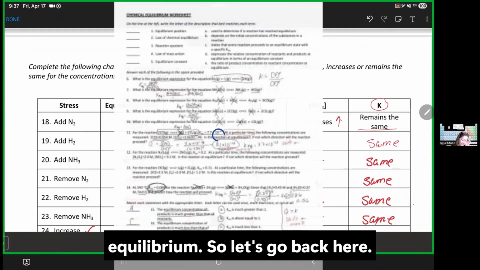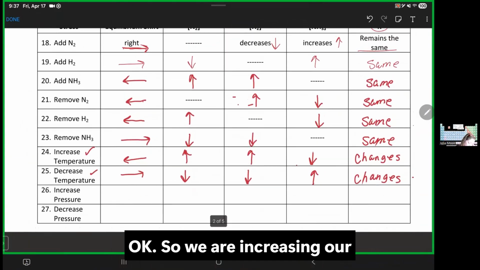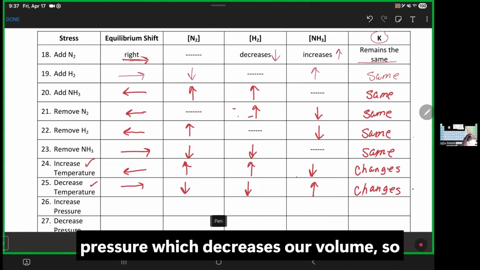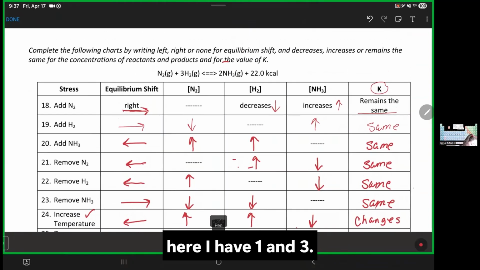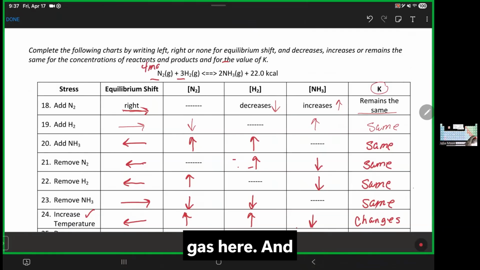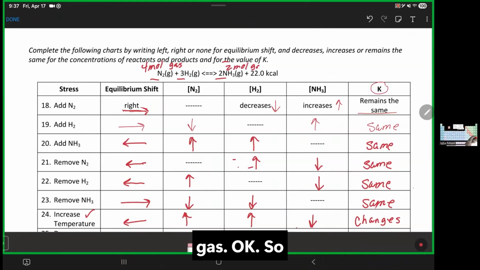So let's go back here. Okay, so we are increasing our pressure, which decreases our volume, so less space for gas. So over here I have 1 and 3, so I have 4 moles of gas here. And over here I have 2 moles of gas.